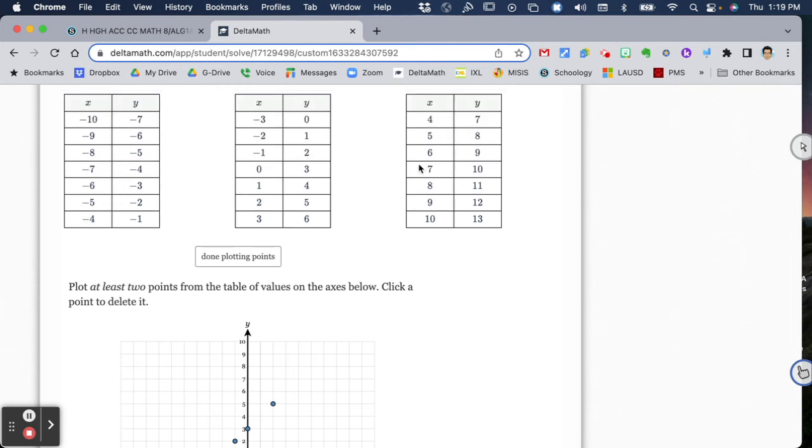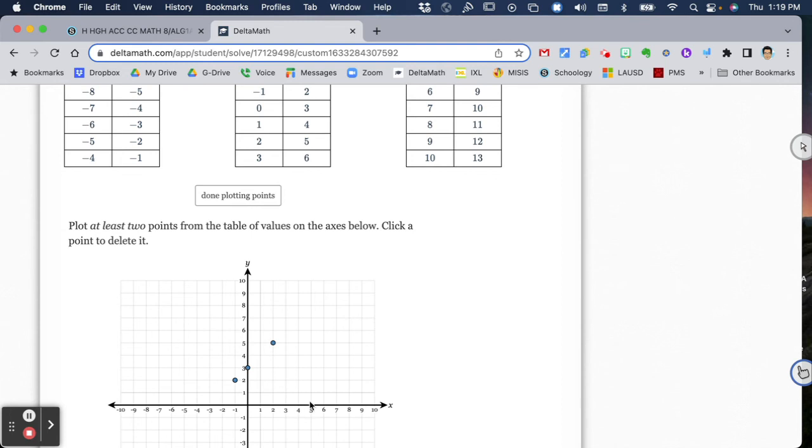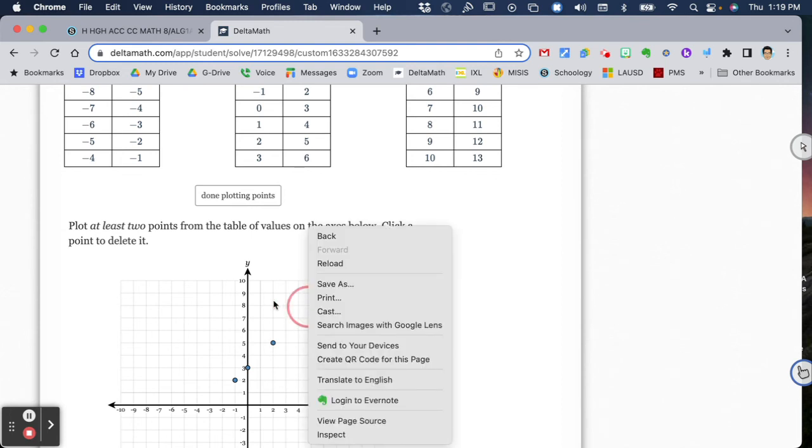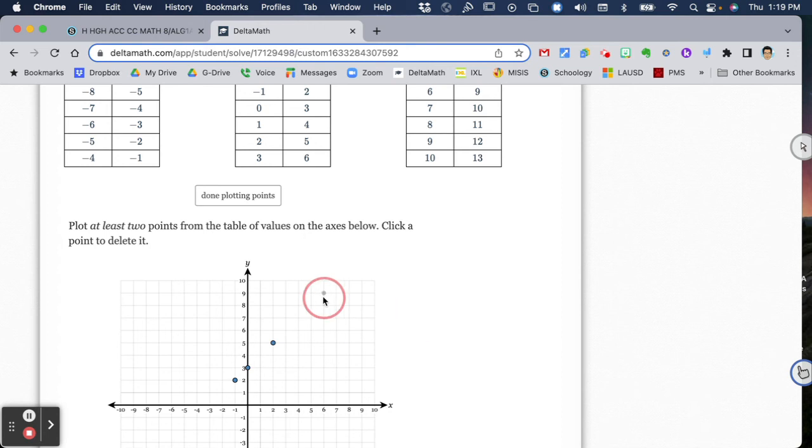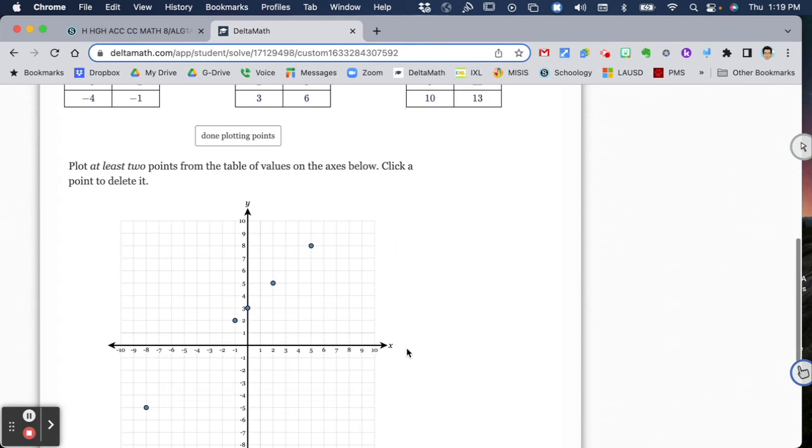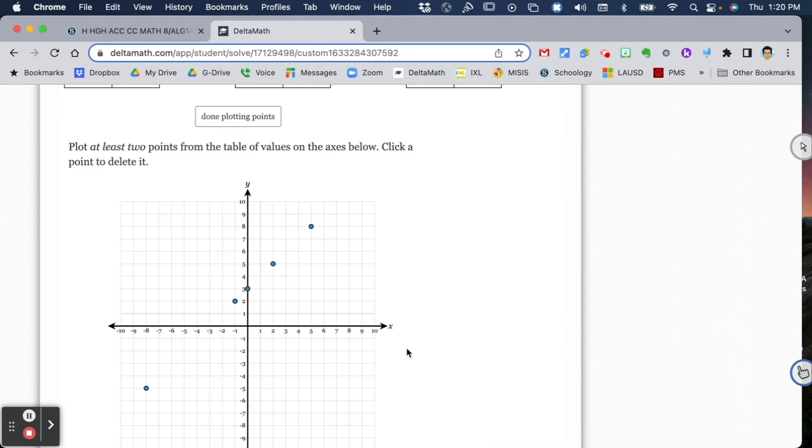Let's backtrack. 5, 8. Here's 5, comma 8. There we go. Okay, so I have 5 points. That's enough. We'll do 5 points on each one.